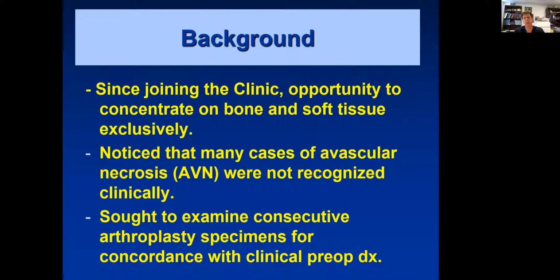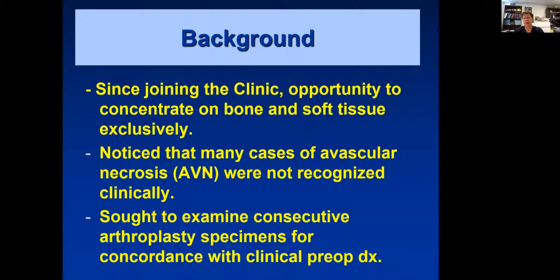And when you focus solely in this area, you begin to see trends you might not have recognized otherwise because you're on service every day seeing these specimens come in. One of the things I noticed when I first joined the clinic in 2016 was that many cases of AVN that I was seeing were not recognized, at least according to the path report, preoperatively as AVN.